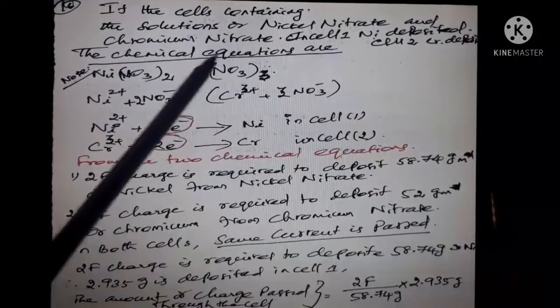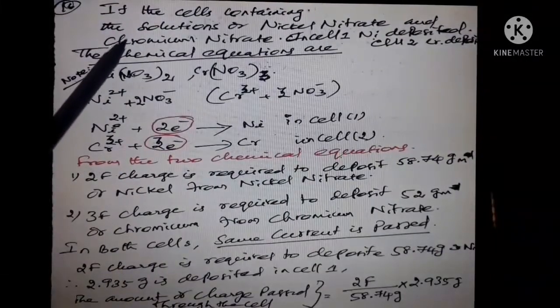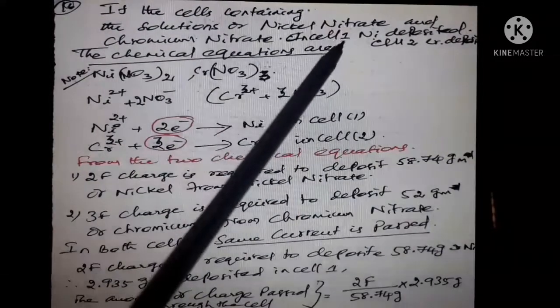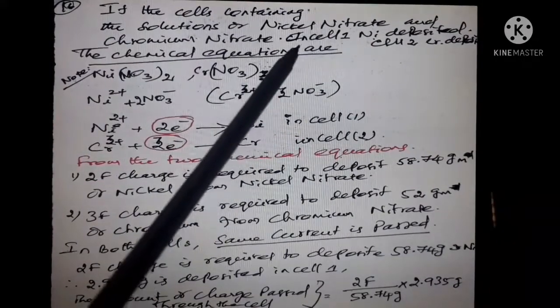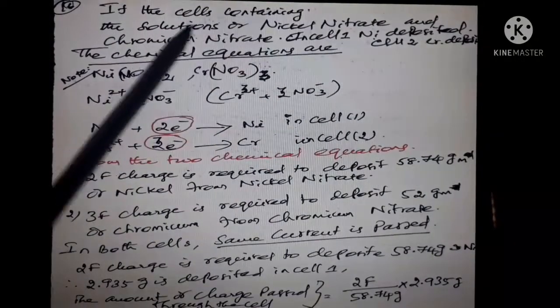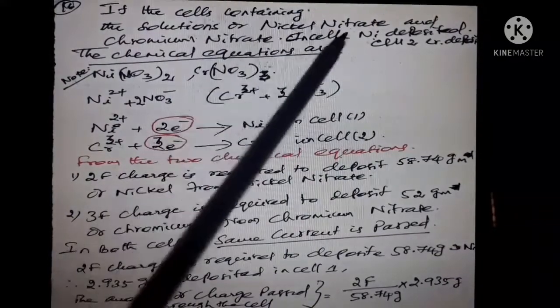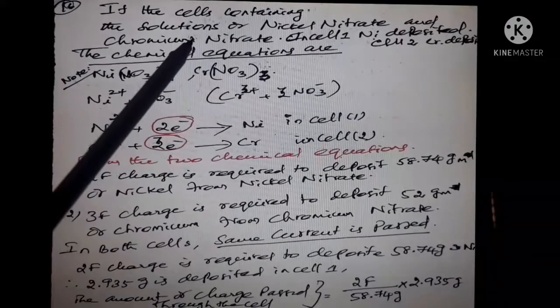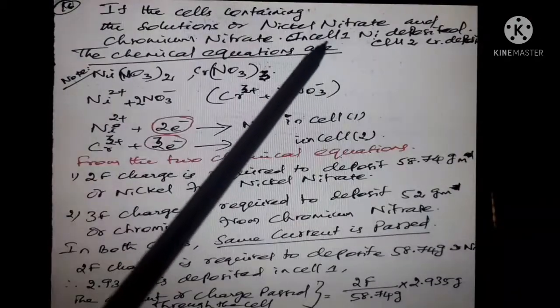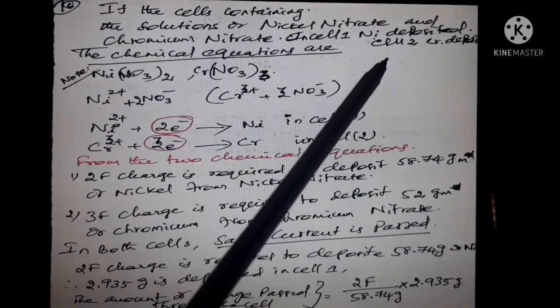Now the steps. The cells contain the solutions of nickel nitrate and chromium nitrate. Two solutions are taken in cell 1 and cell 2. Now in cell 1, how many grams of nickel are deposited?